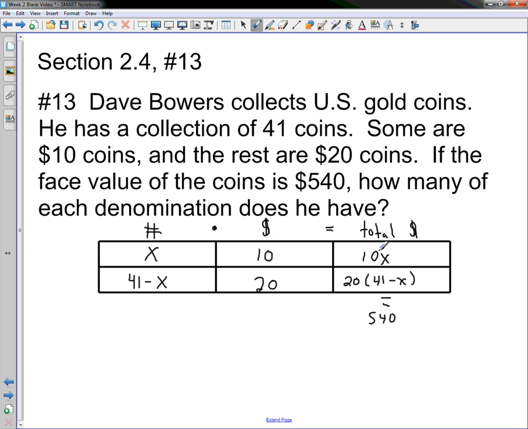So we have the total amount for the $10 coins, the total amount for the $20 coins, and we know they should equal. So again, this is adding these together. So we have 10x plus 20 times 41 minus x should equal 540.